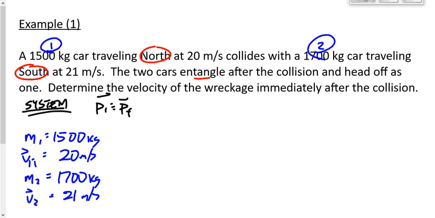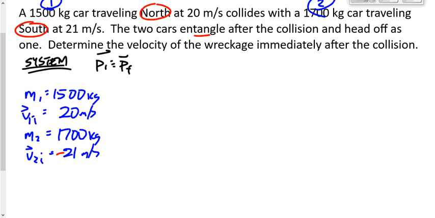Is that V2i or V2f? You're thinking the same thing I am. Yeah, that's V2i. Good. We're missing something, though. I'm going to make that negative. I'm likely to catch that because I circled the south there.